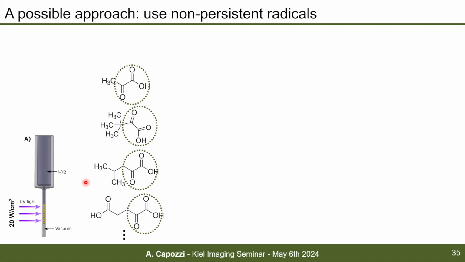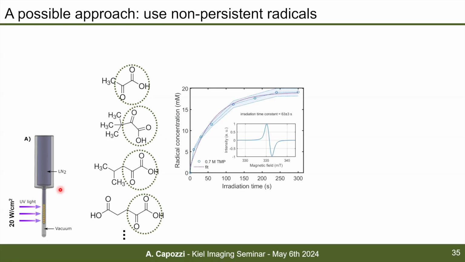So if you freeze these molecules, these radical precursors as I will call them, mixed with some glassing agent, water glycerol is fine, and the molecule of interest, be it pyruvate, acetate, glucose, etc. You freeze them in liquid nitrogen, you shine pretty strong UV light, and in a few minutes, 2-3 minutes, you generate enough radical to perform efficient DNP.